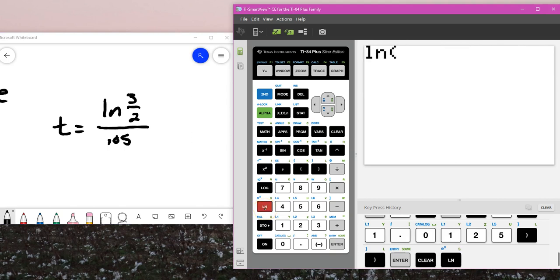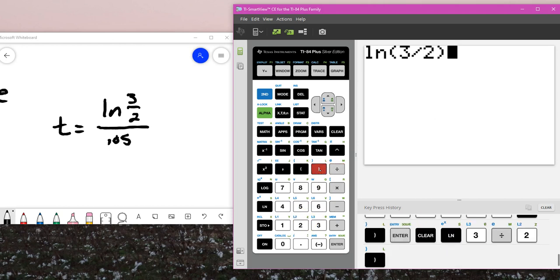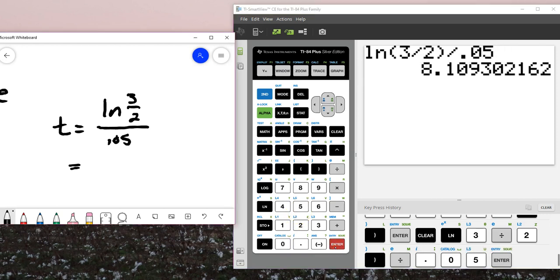Natural log 3/2 divided by 0.05 gives me 8.11.